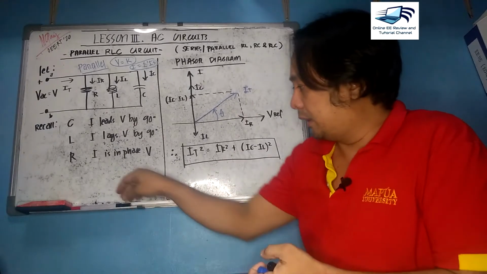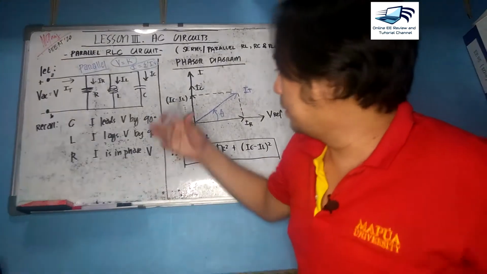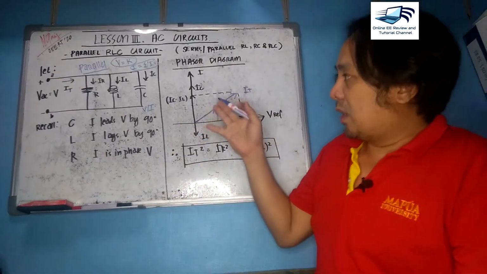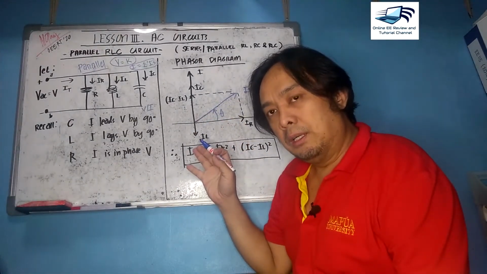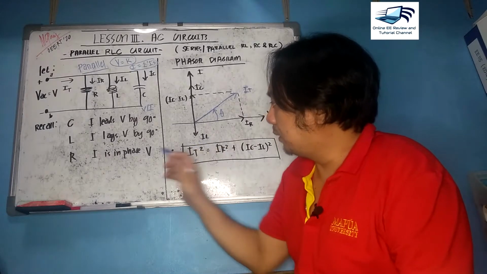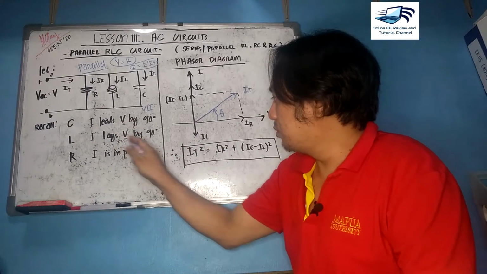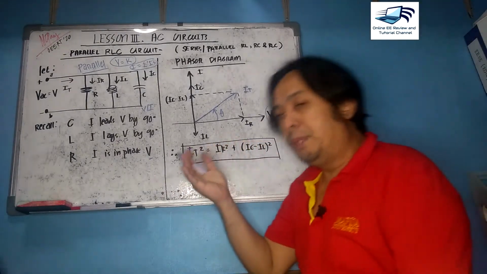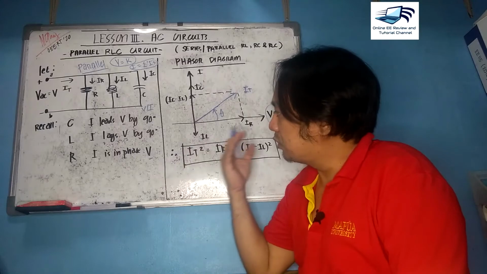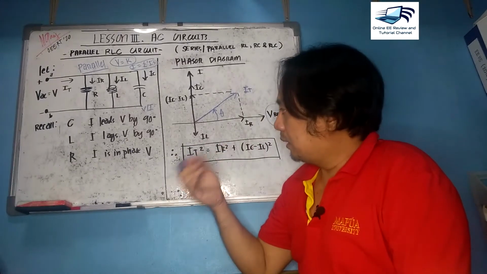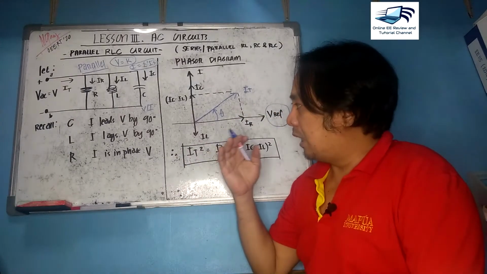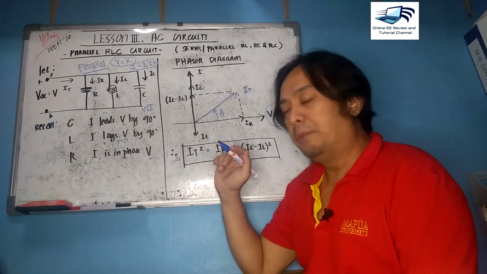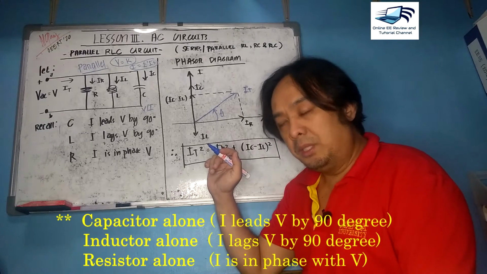Now let us also recall what we have discussed from the last slide in terms of voltage and current relationship. Since our constant component is voltage, we make use of the voltage as our reference here. So what will be the relationship in terms of the current and voltage if our voltage will be our constant parameter? For a capacitor, I leads V by 90 degrees.